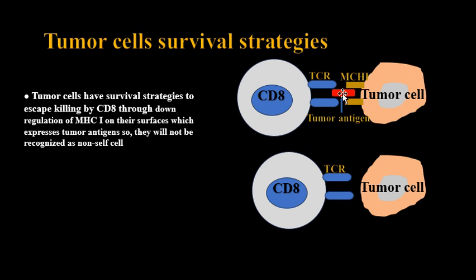Here this is an endogenous antigen produced by the tumor cell in association with major histocompatibility class 1. But in order to escape killing by CD8, tumor cells evade immune responses by down regulating expression of major histocompatibility class 1. So it will not be recognized as foreign or non-self.